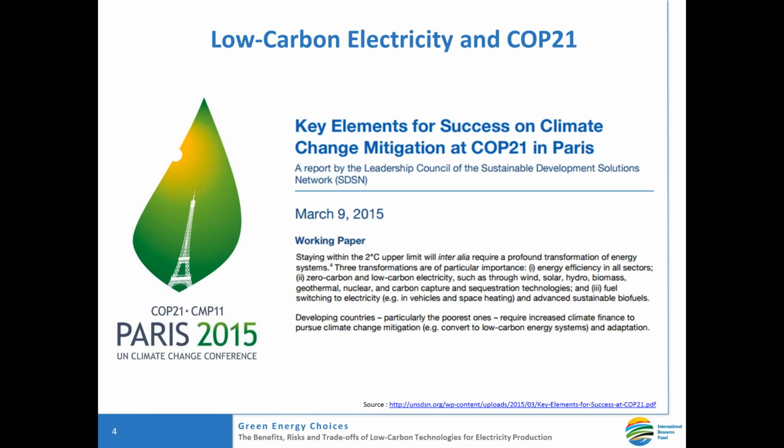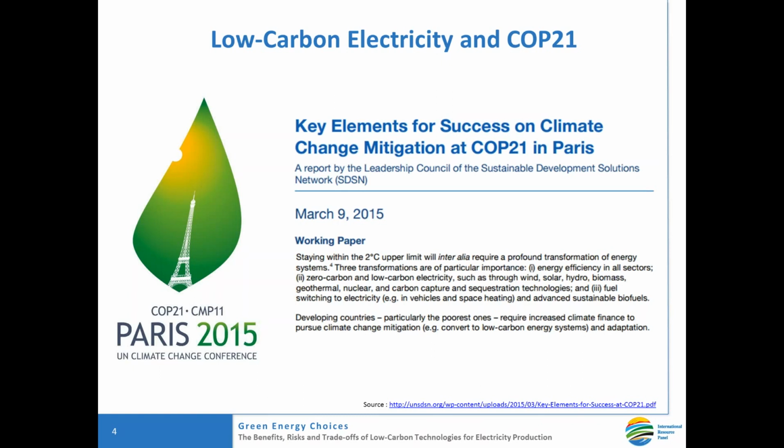We can see here from a background paper for the negotiations of the Paris Climate Agreement that basically says staying within 2 degrees will require a profound transformation of energy systems. 3 transformations are of particular importance: energy efficiency in all sectors, zero carbon and low carbon electricity, such as wind, solar, hydro, biomass, geothermal, nuclear, carbon capture and sequestration, and finally fuel switching to electricity and advanced biofuels. So we'll look at electricity in this seminar.